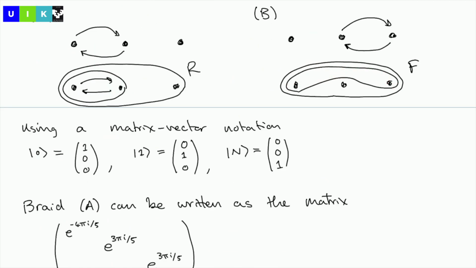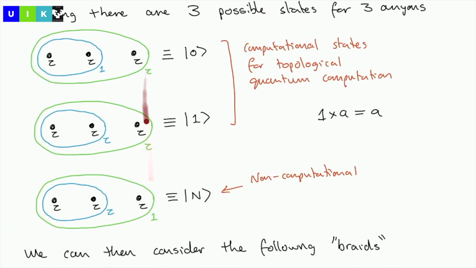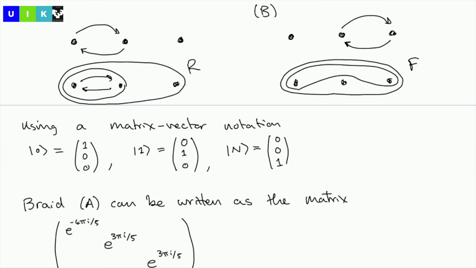Okay? But this is not one of my initial states. It turns out that this is going to be a superposition of these guys. Or said another way, this process is not going to give me a phase, it's actually going to give me a matrix that rotates within this space of states.